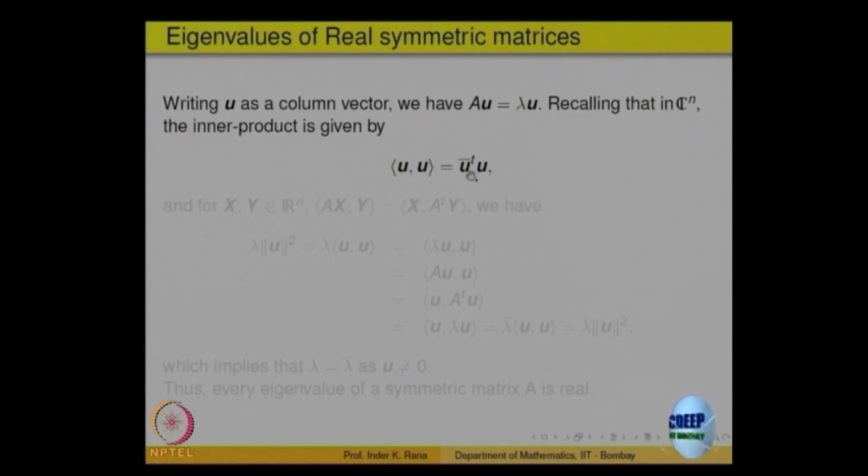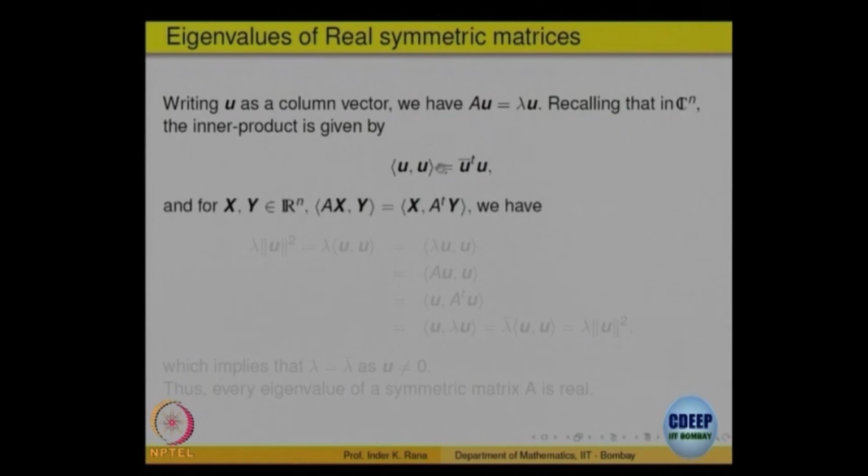So, in terms of matrix multiplication, you see the bar coming here. So, the dot product is u bar transpose u as matrix multiplication, if you are writing u as a column vector. It is just reinterpreting the dot product in terms of matrix multiplication when the entries are complex. That is the definition also. Okay. So, using that we will proceed.